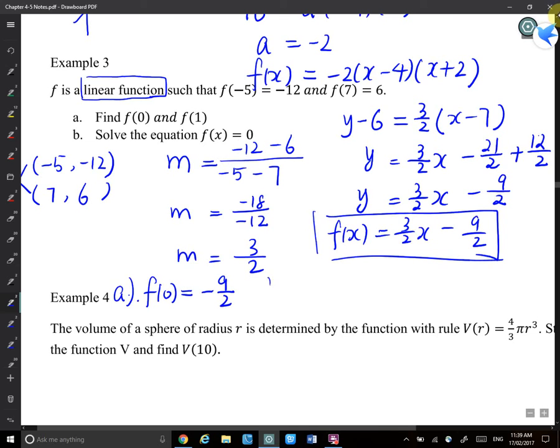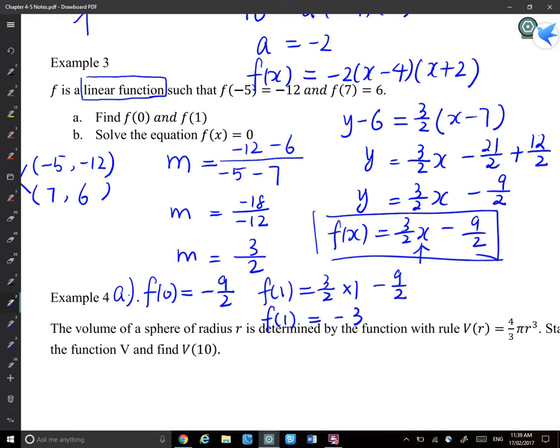And you have f(1). So what is f(1)? Sub 1 instead of x, so it's 3 over 2 times 1 minus 9 over 2. And f(1) equals -3. 3 minus 9 equals -6, and -6 divided by 2 is -3. So f(0) equals -9 over 2, and f(1) equals -3.